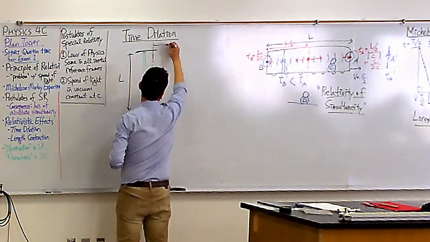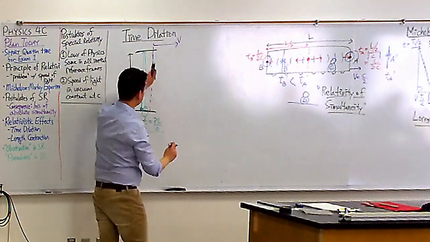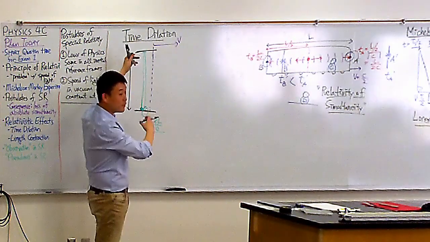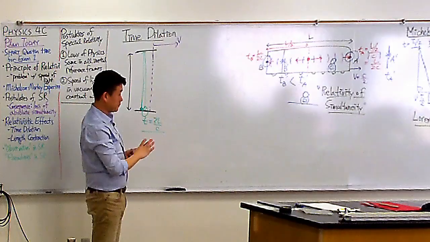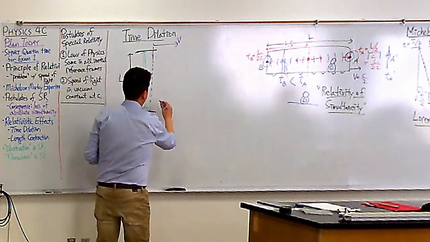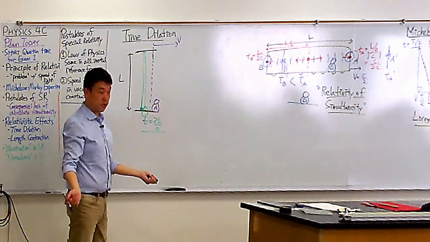Imagine that this clock is moving with the speed v in a direction perpendicular to the direction that the clock is oriented in. Yeah? So if you are an observer A, staying with the clock, then nothing will change.